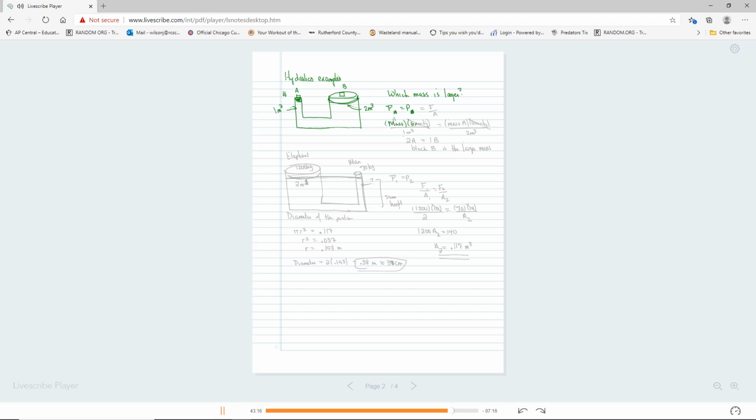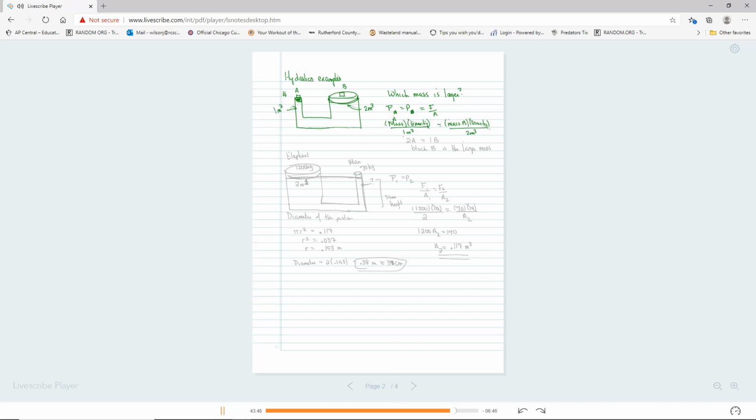So mass A times gravity, this would be force over area, has to equal mass B times gravity over 2 meters cubed.